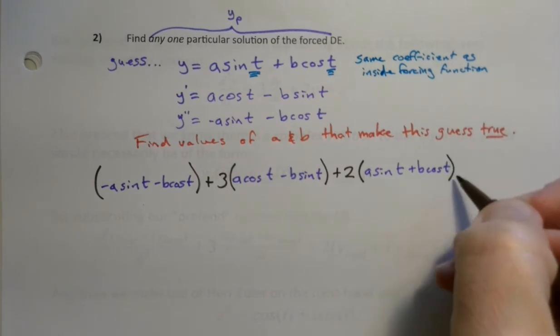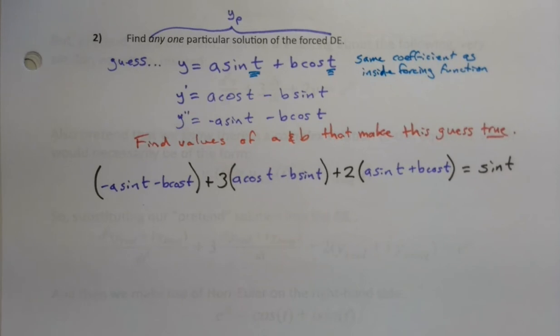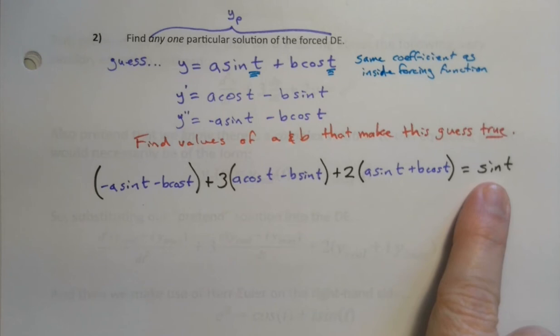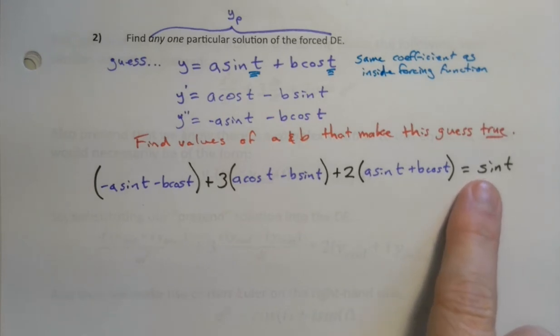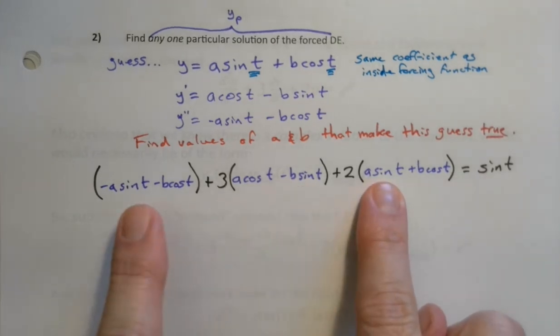And all of that has to equal on the right-hand side just plain old sine t. Now, we've used a similar trick before, but you probably noticed that the right-hand side is just the sine function, which means that the coefficient on this, 1, has to be the sum of all the sine terms on this side.